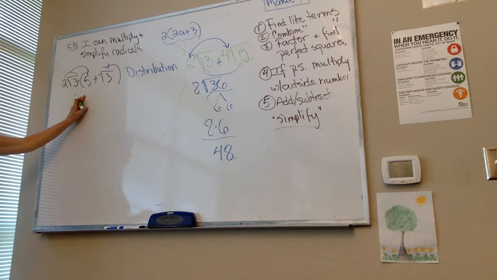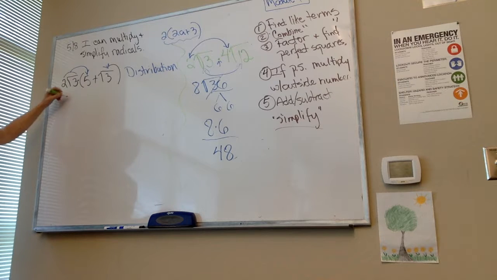What is 2 radical 3 times 5? 10 what? Radical 3. 10 radical 3. So we multiply the 2 and the 5 together, and since there's no radical by the 5, we leave the 3 alone.